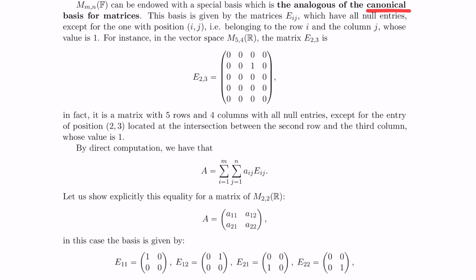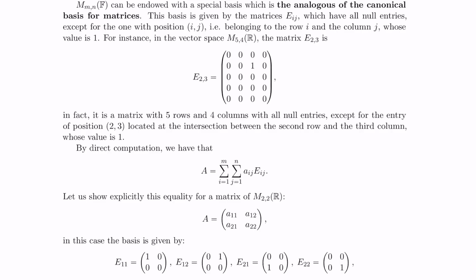This canonical basis is given by all the matrices indicated with Eij, which have all null entries except for the one in the position ij, where the value is exactly 1.